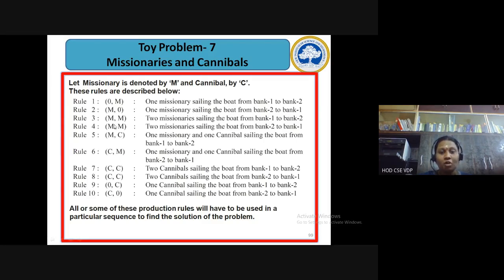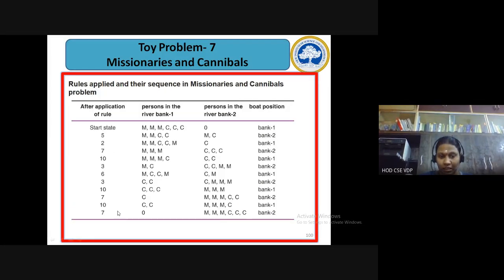So all possible combinations have been listed, and these boat movements are listed here as rules. So who has traveled from where to where? Here at every place you just have to take care that the number of cannibals should not outnumber the number of missionaries, right? So that has to be ensured.